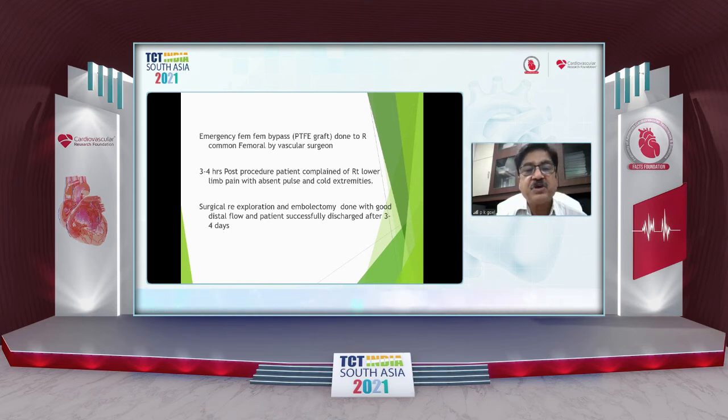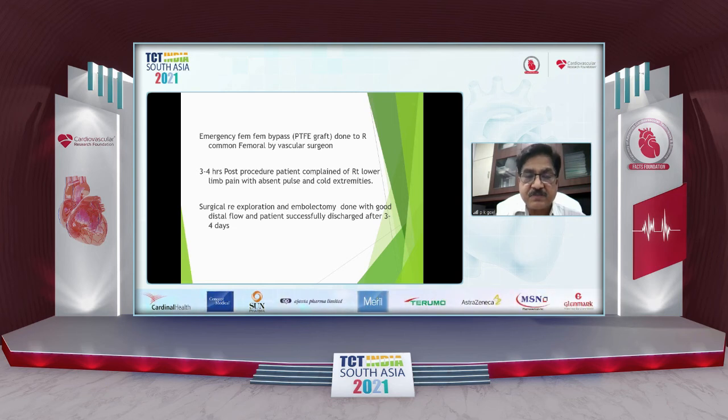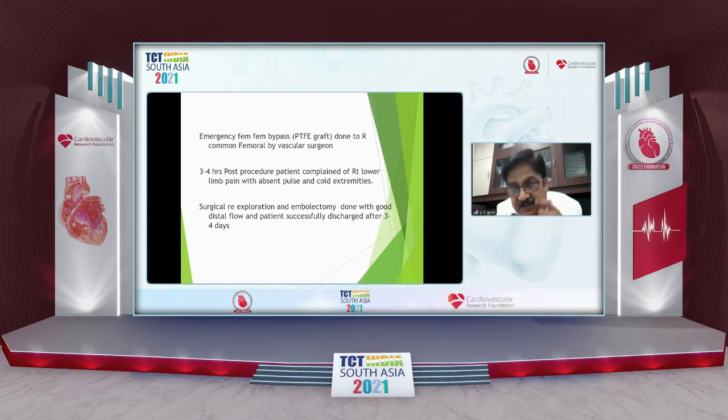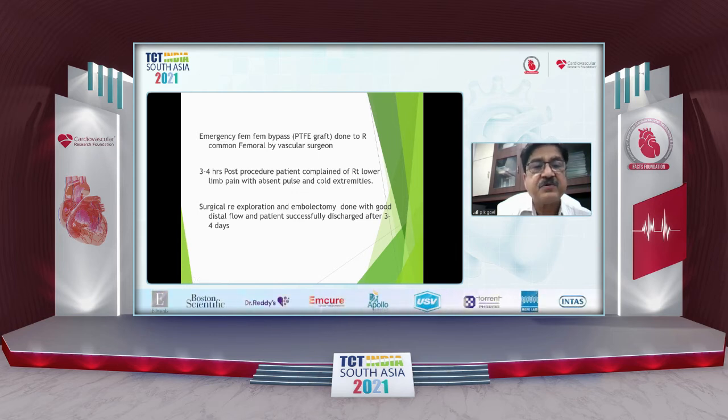And 3 to 4 hours post this bypass procedure, the patient complained of right lower limb pain with absent pulse and cold extremities. In fact, in the graft that was put, there was some clotting in the system, and surgical re-exploration and embolectomy was done, again with good distal flow. And the patient was then successfully discharged after 3 to 4 days.